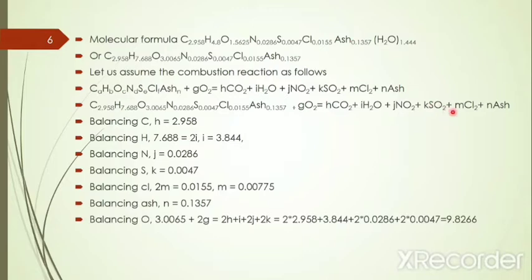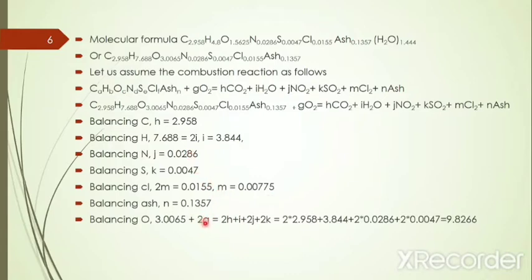Sulfur dioxide we have 2K. So this will be our equation by oxygen balancing: 3.0065 plus 2G equals 2H plus I plus 2J plus 2K.